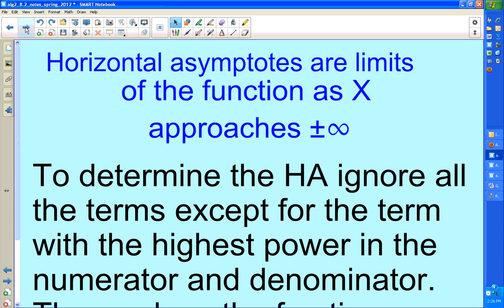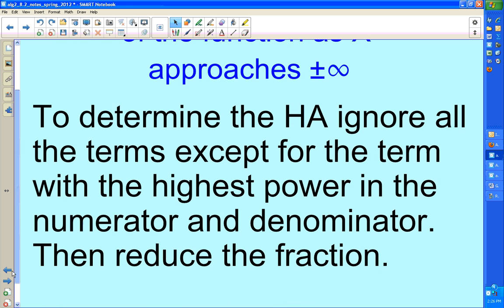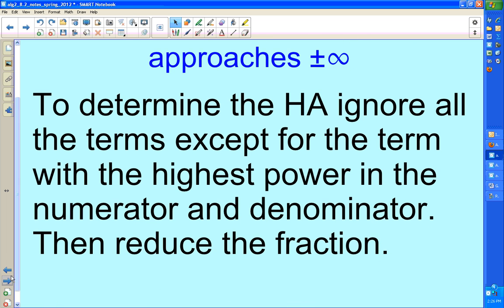To determine the horizontal asymptote, look at the top and ignore everything except the term with the highest power. Do the same thing in the bottom. And then reduce that fraction. Now, horizontal asymptotes honestly can get crossed, but we try not to give you, in this class, situations where that will occur. So don't expect to see a horizontal asymptote crossed.